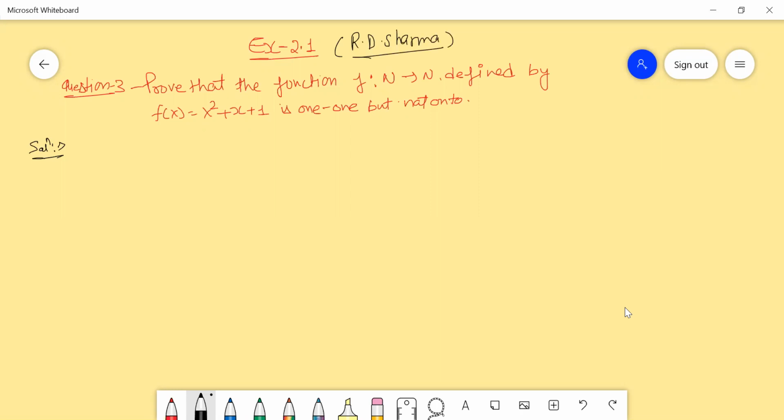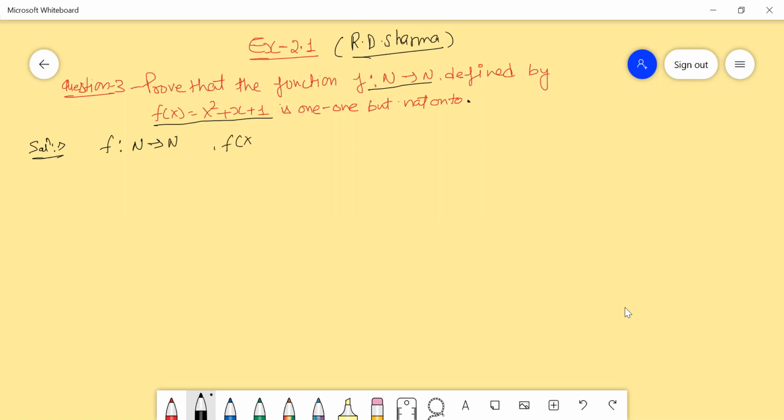Question number 3 says: prove that the function f defined from natural numbers to natural numbers by f(x) = x square plus x plus 1 is one-one but not onto. Firstly, the function is defined from natural numbers to natural numbers.